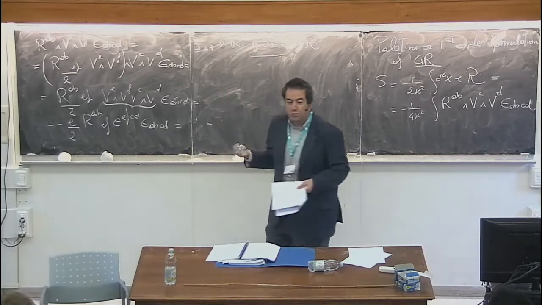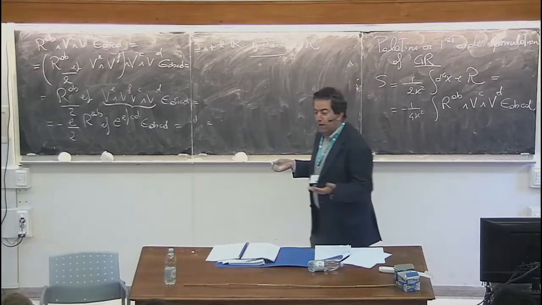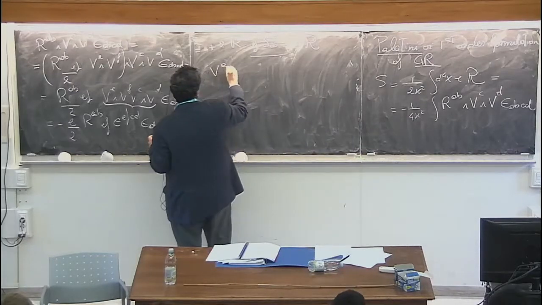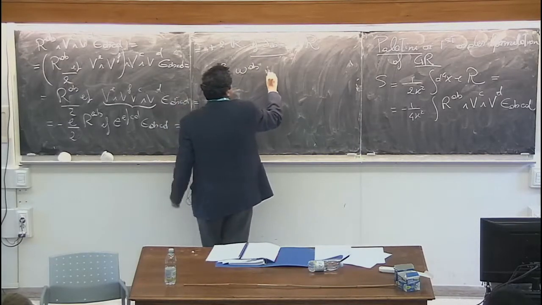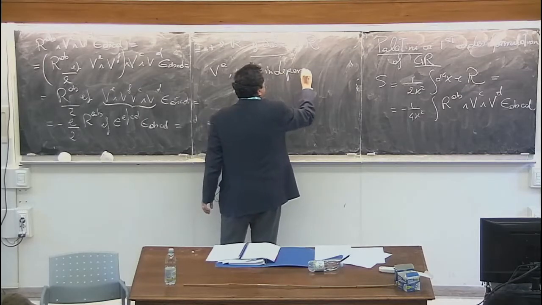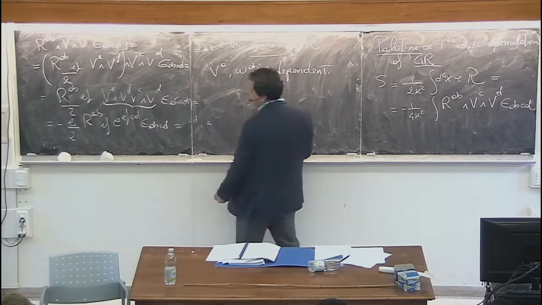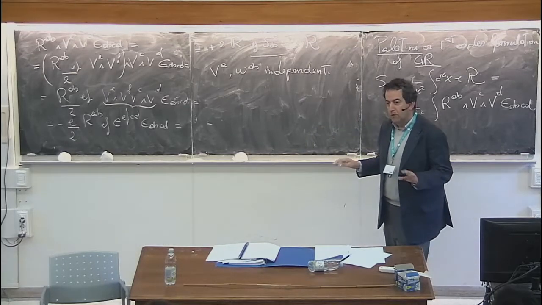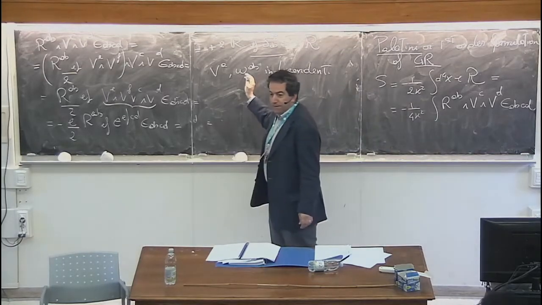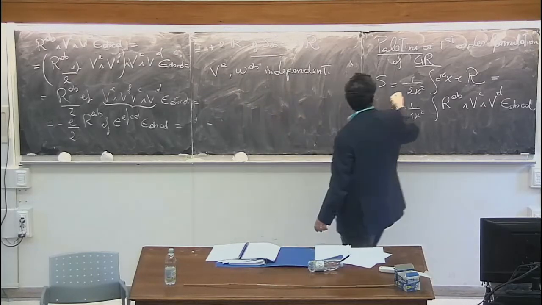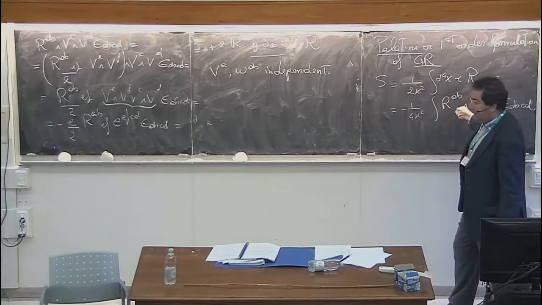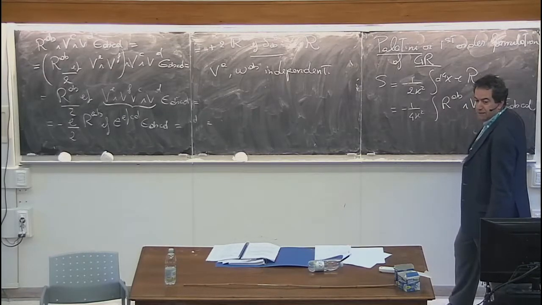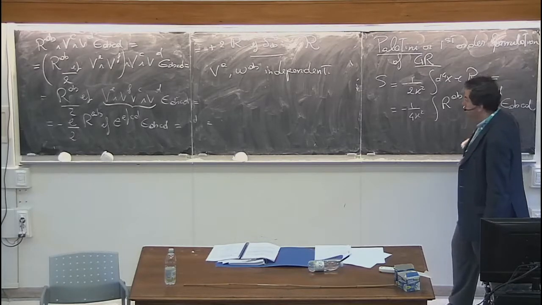Now, what does this first order formalism consist in? Well, in the first order or Palatini formalism, we treat V^A and omega^AB as independent. We impose no torsion equation to start with. They are independent fields. R depends on omega, and the action depends on V through these factors.